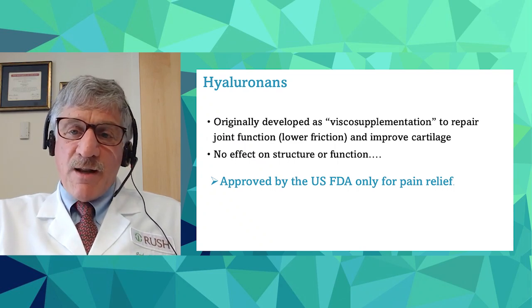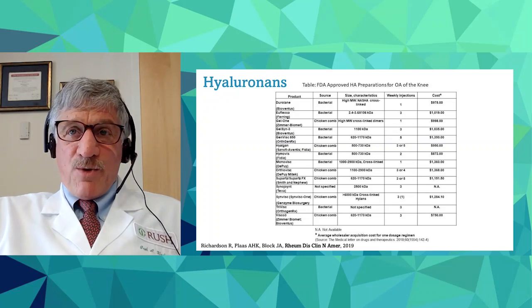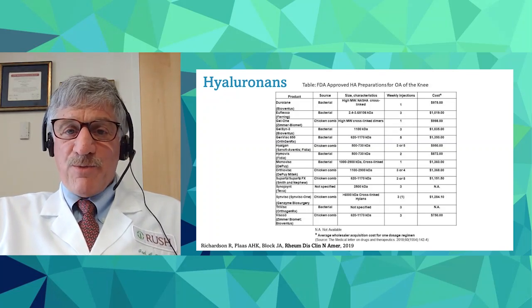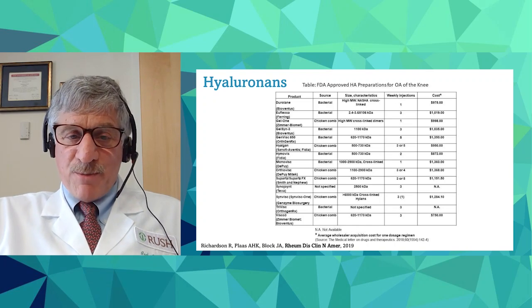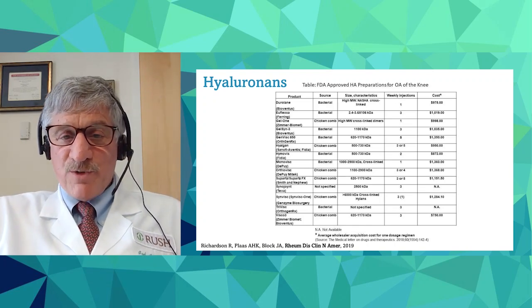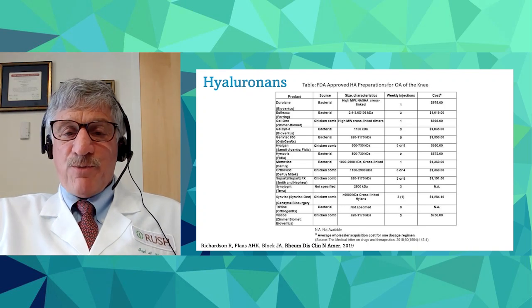On the other hand, it was shown through multiple high-quality phase 3 trials to be superior to placebo. At this point, there are a variety of different preparations that have been approved. Each one has gone through rigorous phase 3 trials. Each one has been shown to be superior to placebo.